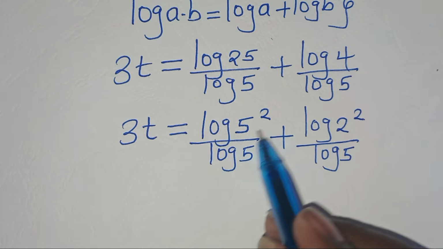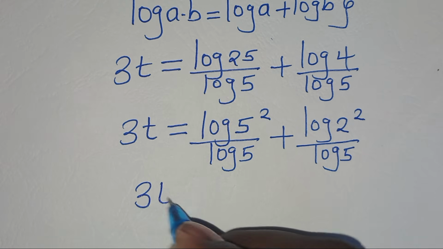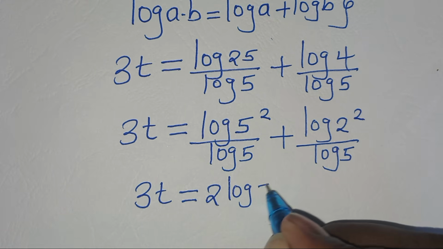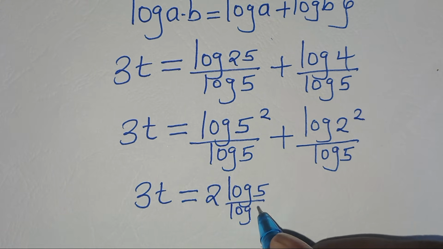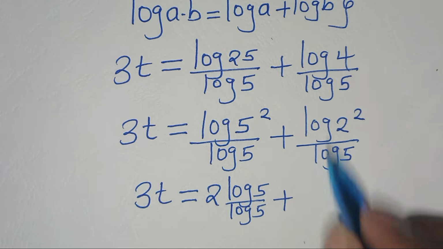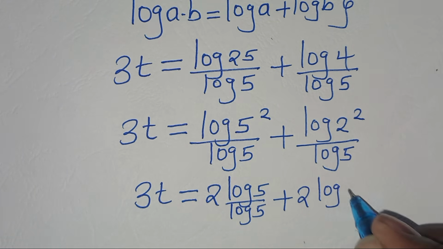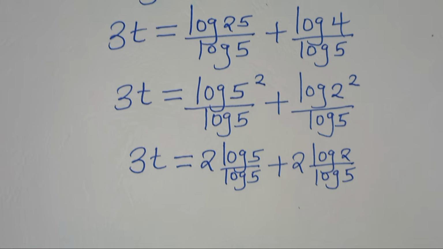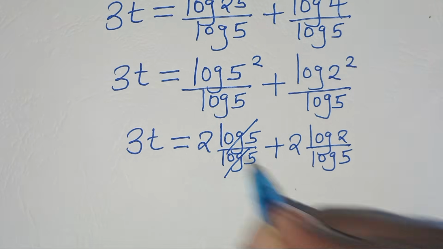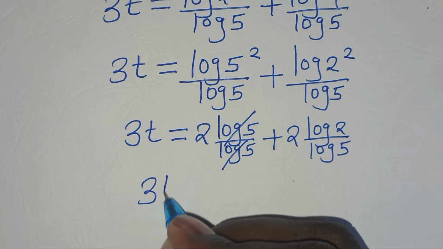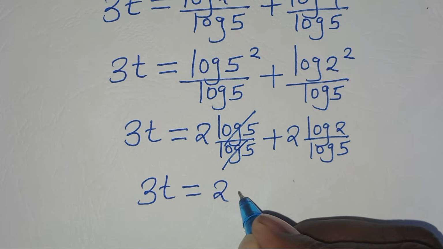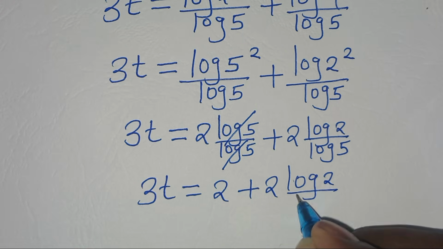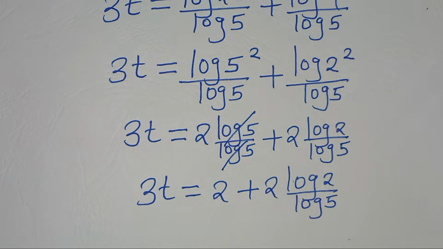The next step is to apply the power property here, so that 3t is equal to 2 log 5 divided by log 5, then plus 2 log 2 divided by log 5. Now let's simplify log 5 and log 5 here, so that we have 3t equal to 2 plus 2 log 2 divided by log 5.